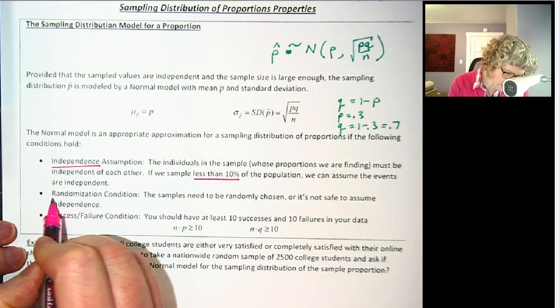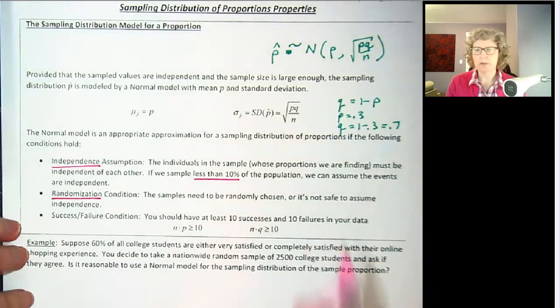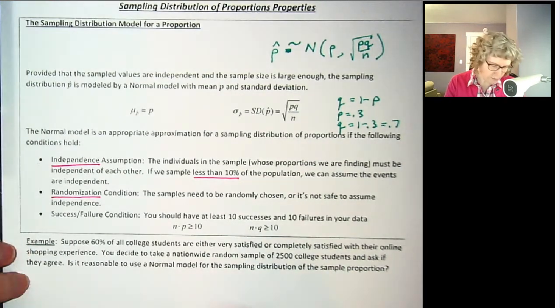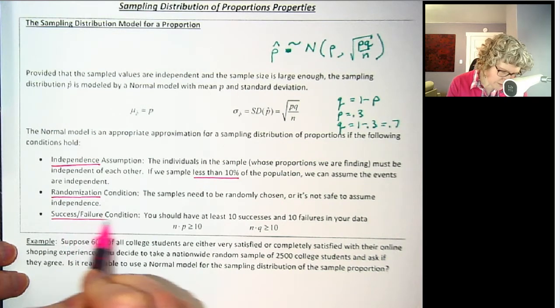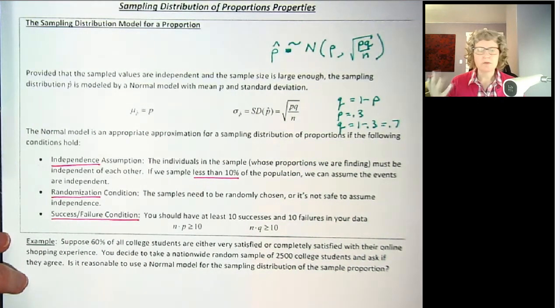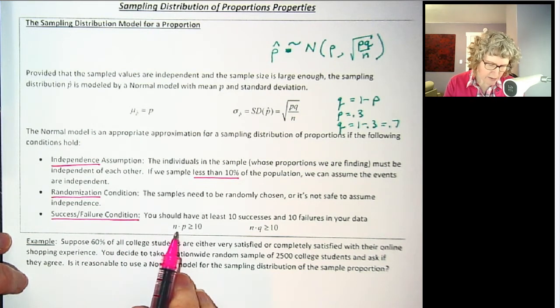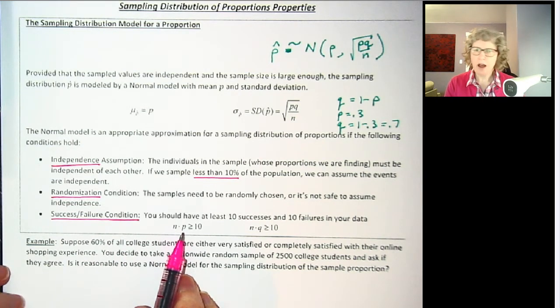The second one is the randomization condition. The samples must be randomly chosen, also to get independence. The third one we talked about in the last video. Instead of just a plain number for the sample size condition, we use the success-failure condition, because n depends on the value of p. If p is 0.5, you don't need as large an n.